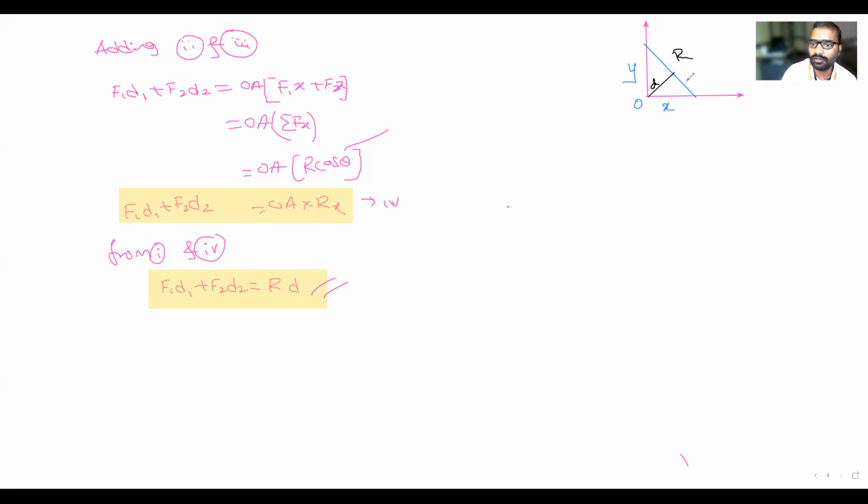This is r, the force, passing like this. Its x component is rx and its y component is ry. You can take ry downward also, no problem. I will consider this triangle. From this triangle, apply the moment formula.